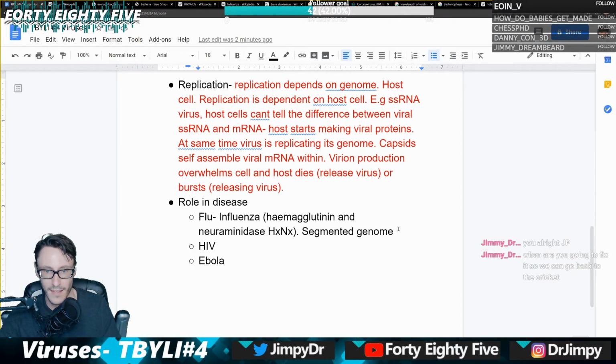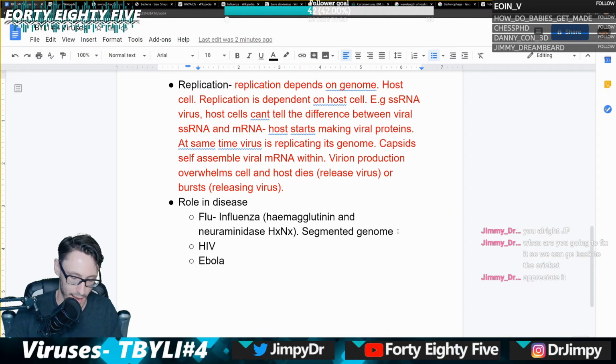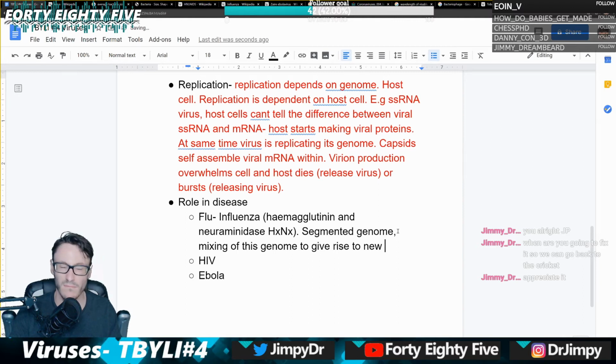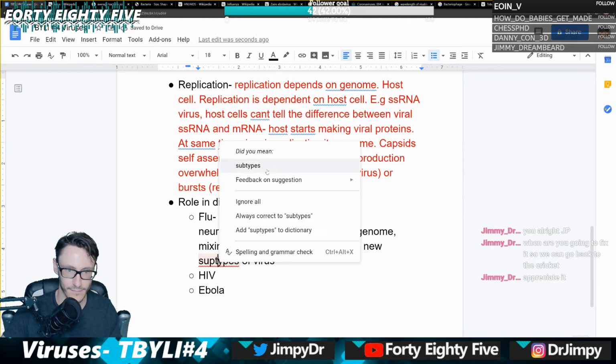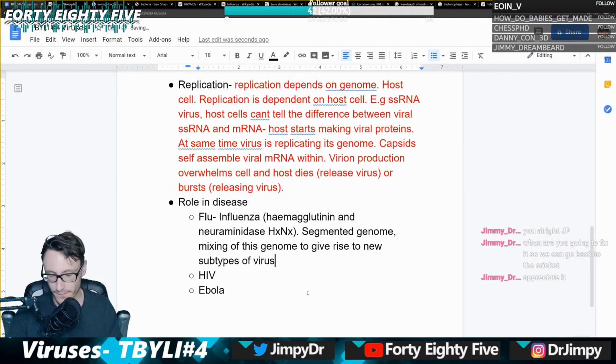As a segmented genome, you can get mixing of this genome to give rise to new species. Well, it's not species technically, it's subtypes of virus. And the new viruses can be highly pathogenic.